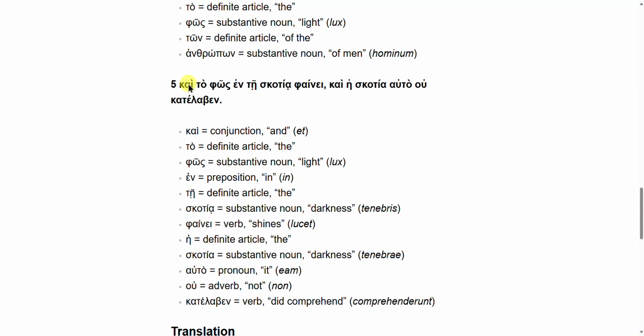So reading that, we have kai to phos en te scotia phaine, kai he scotia auto ou katelaben, and the light in the darkness shines, and the darkness it not did comprehend.